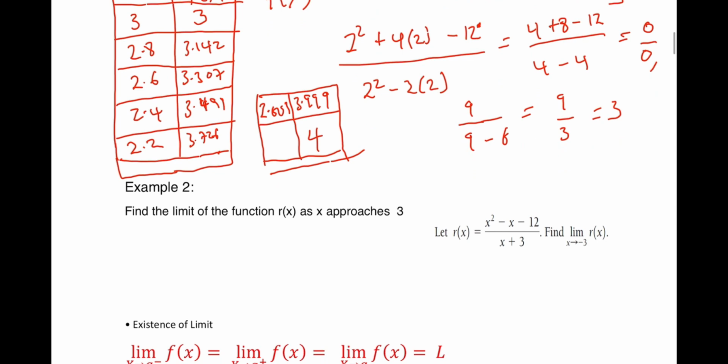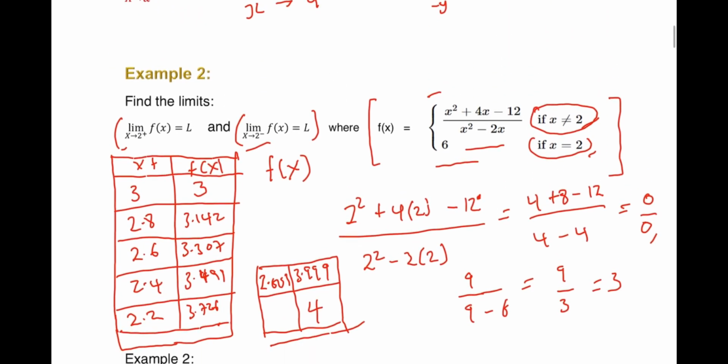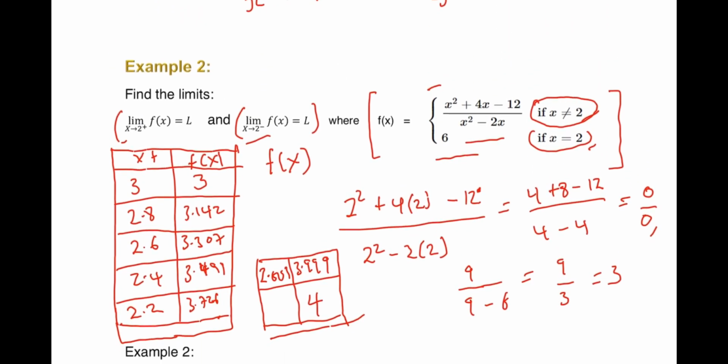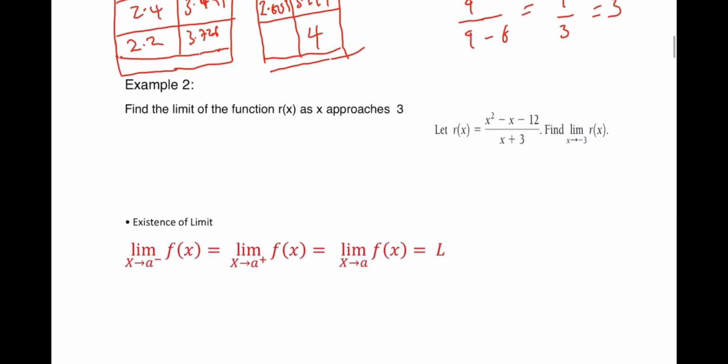Okay, so I know that you have gained a better understanding in doing a neighborhood analysis for the one-sided limits, which are x approaches 2 from the right and x approaches 2 from the left of the piecewise function given. So this is another example.